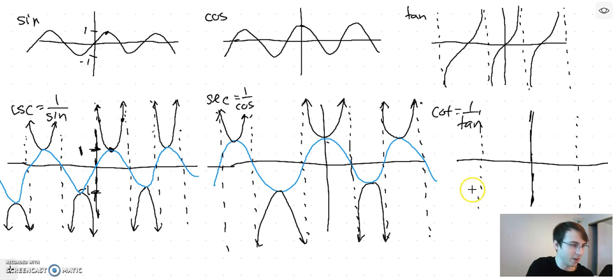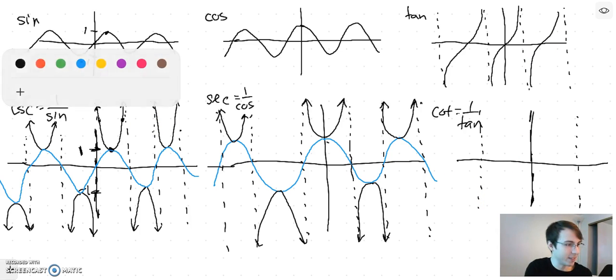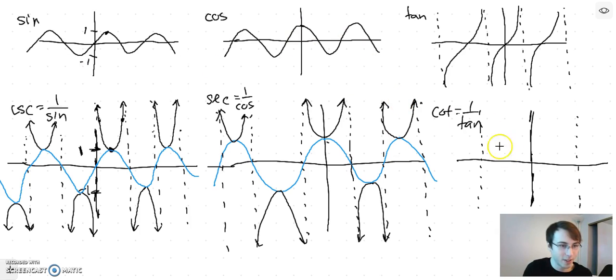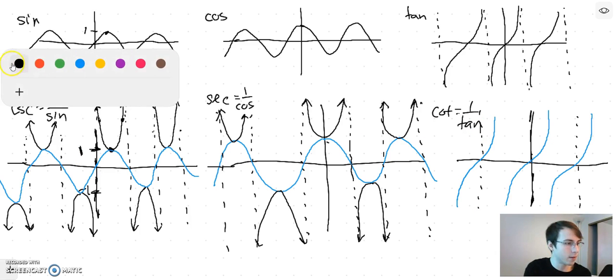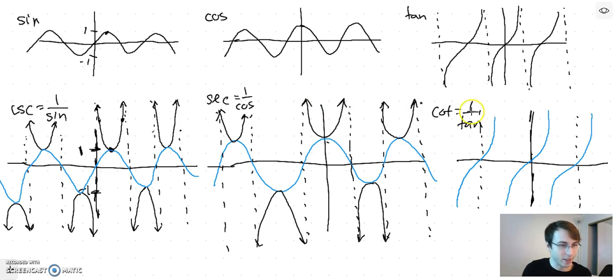Why don't I draw the graph of tangent in blue, just to give us an idea of how we're doing this. Alright, back to cotangent.